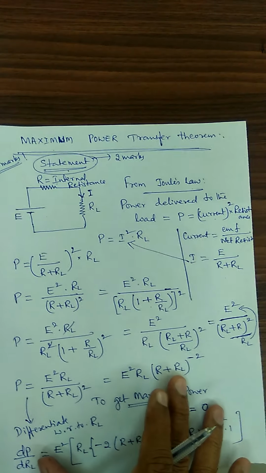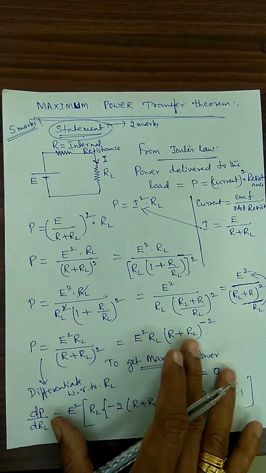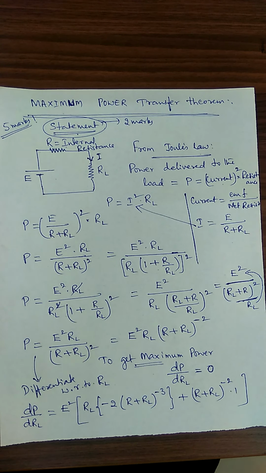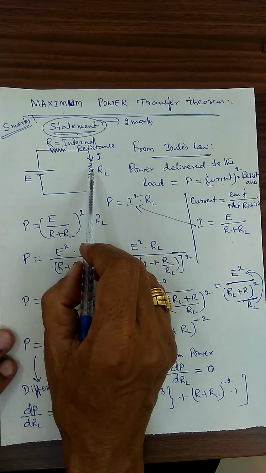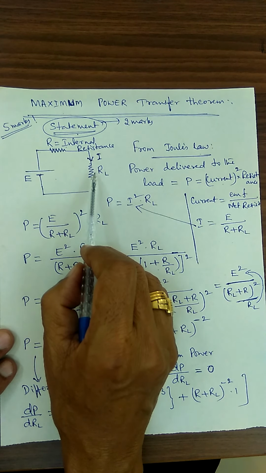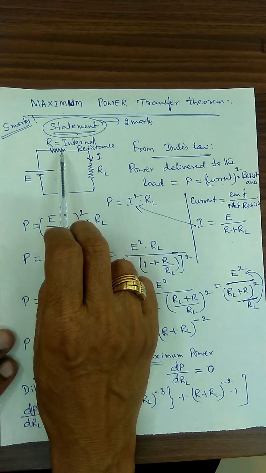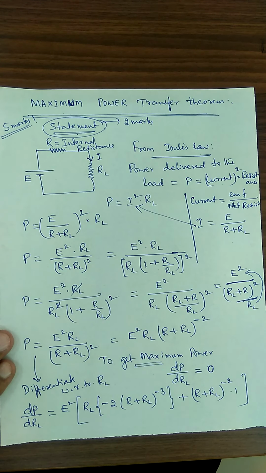See that. Before that, I have started from here. What does this statement state? The maximum power transfer theorem states that the maximum power will be delivered to the load when the load resistance is equal to the internal resistance of the source.